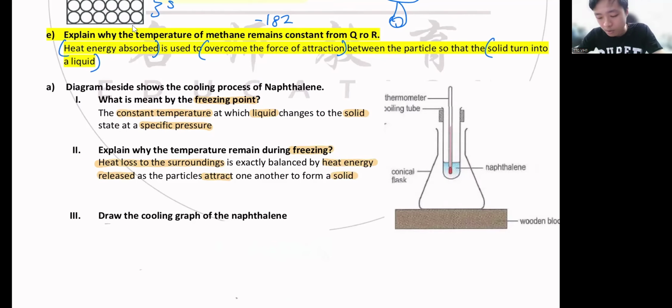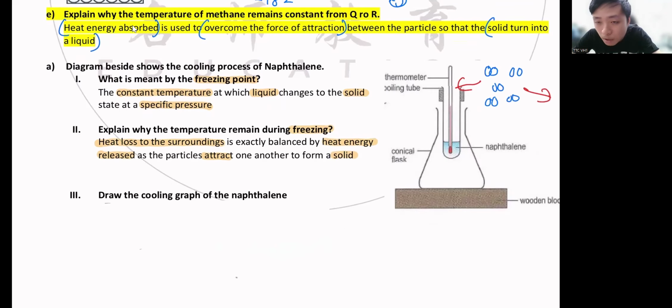So for example this is your liquid. When it freezes, the heat all comes out. Then slowly, all these liquid particles try to attract each other to form combined particles, which is solid. Okay.